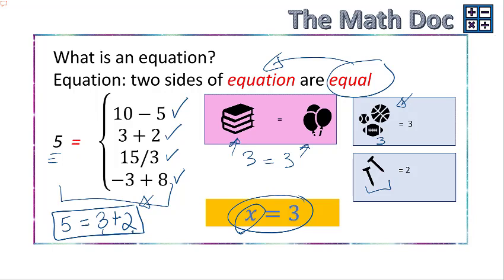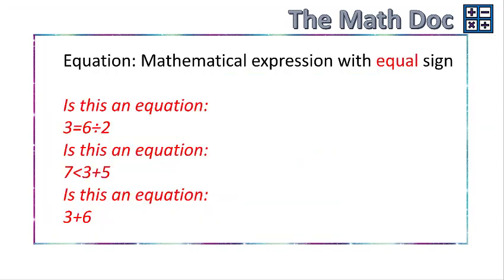But it's important first to understand what an equation is, that we're looking at a mathematical expression that has an equal sign in the middle. And that equal sign means that this side here on the left is equal exactly to the side on the right.